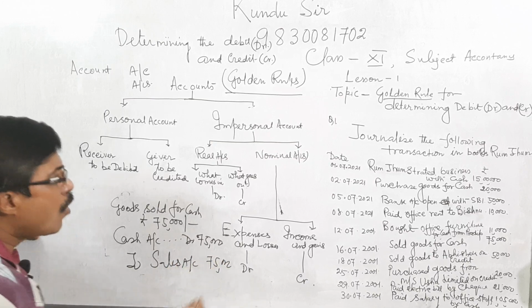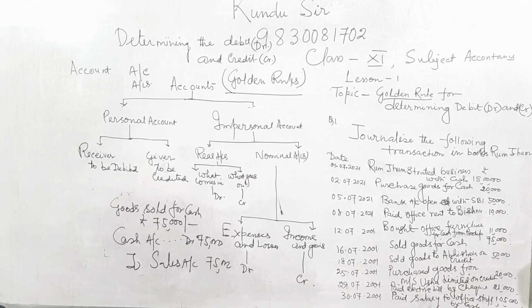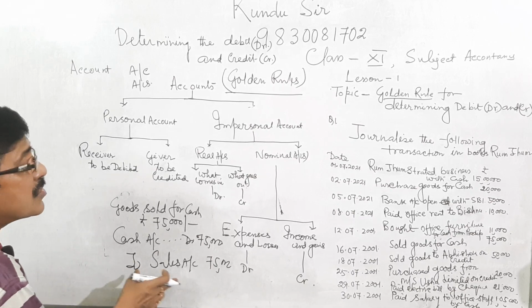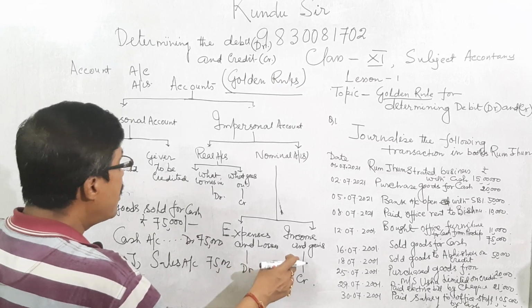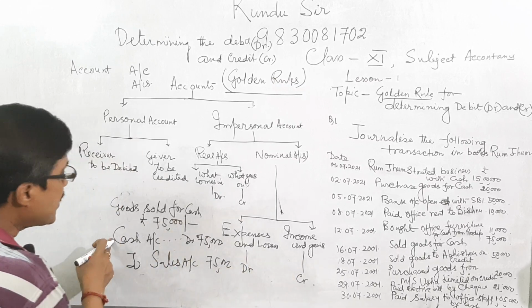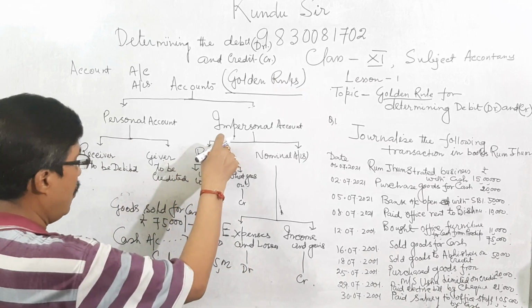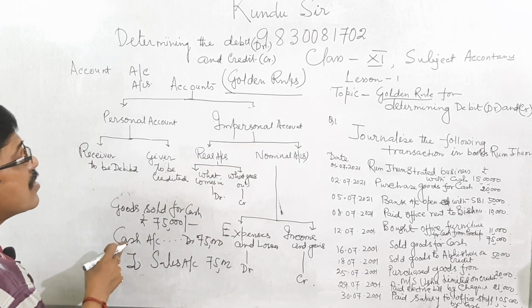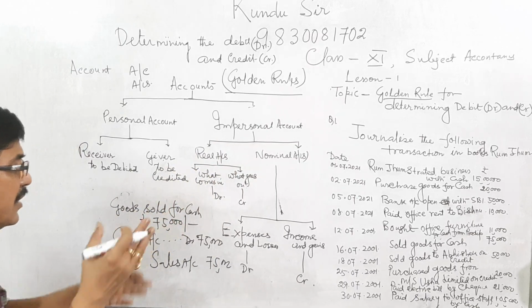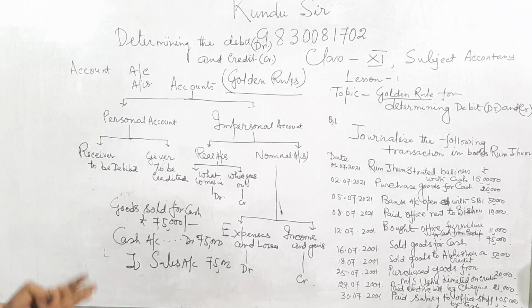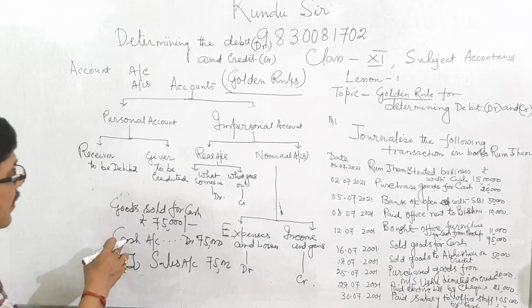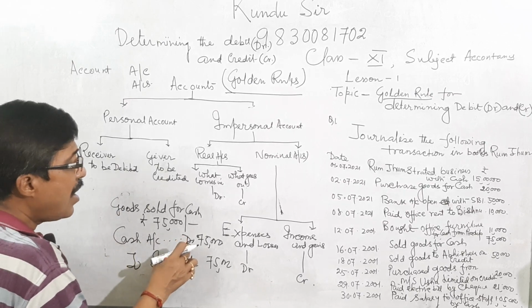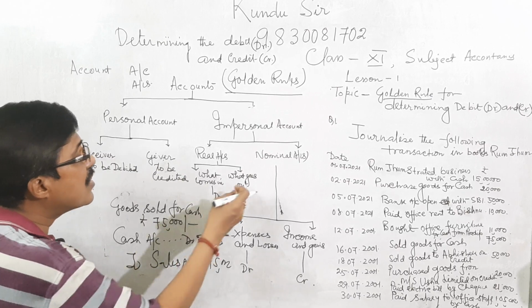Now I am explaining through the golden rule. Under nominal account, sales comes under income, and cash is under real account. We are receiving cash. What comes in means we are getting cash, so cash account is debited, and we are earning sales.